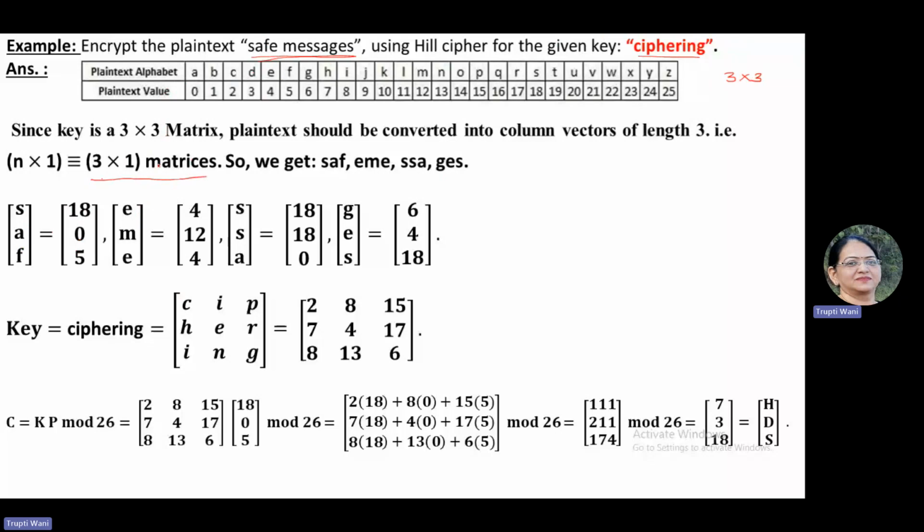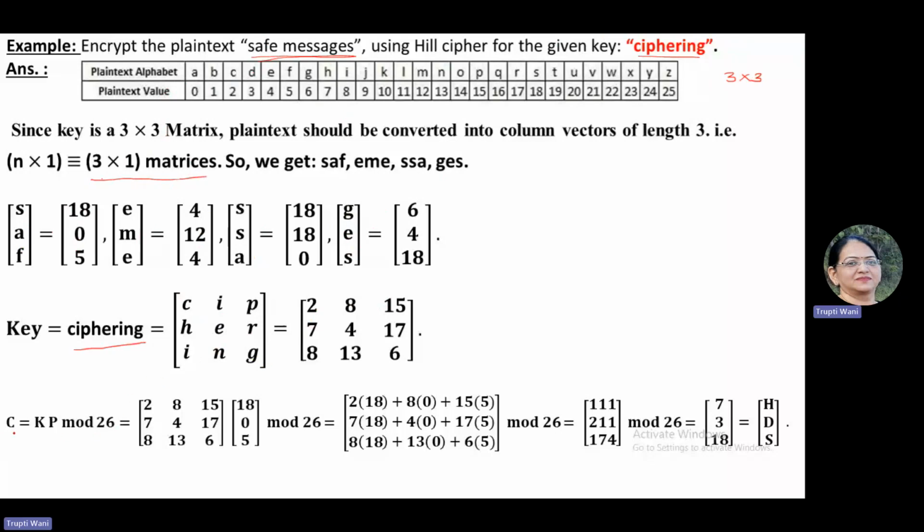Now remove the blank space, and we get EME, then SSA and GES. So this is our plain text as 3 by 1 vectors. And the key is ciphering. Write this down in the form of a 3 by 3 matrix, and convert each alphabet of the key into numbers.